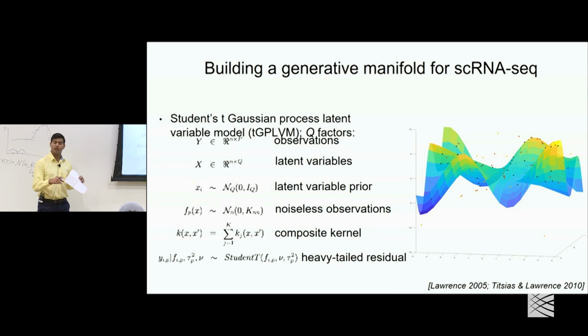Then the actual manifold in higher space, the noiseless realizations, are a Gaussian process of these lower-dimensional variables. Because you have this high-dimensional space and lower-dimensional space, all using the same Gaussian process, the same kernel function, you share information across the dimensions.